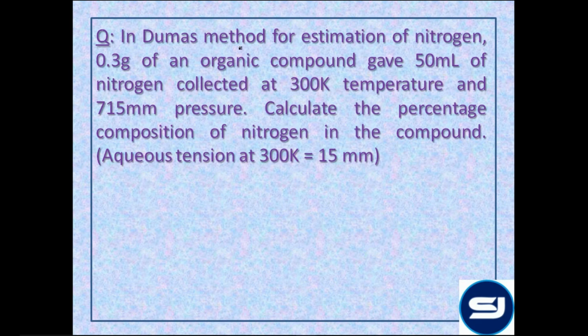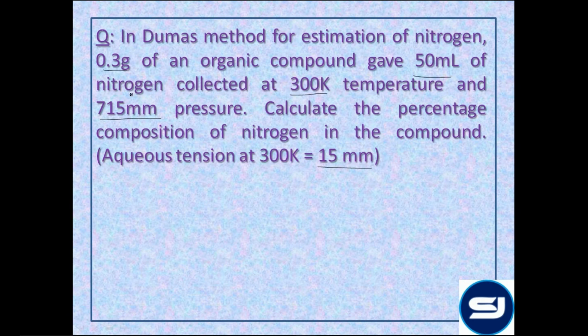In Dumas method, for estimation of nitrogen, 0.3 gram of an organic compound gave 50 ml of nitrogen collected at 300 Kelvin temperature and 715 mm pressure. Calculate the percentage composition of nitrogen in the compound, and the aqueous tension at 300 Kelvin is given as 15 mm.